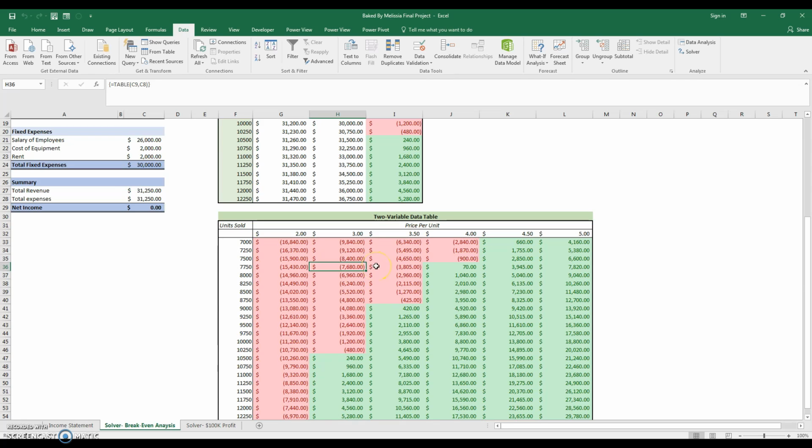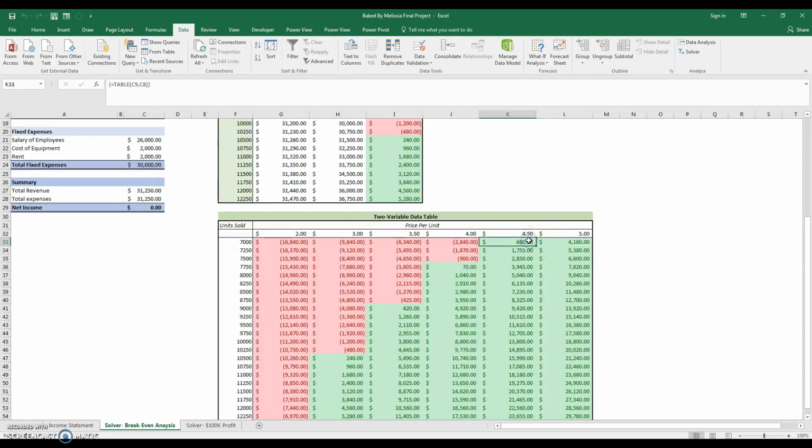And it gives you really good insight on how many units we need to sell. Let's say on a regular given day we need to sell at least 10,500 units in order to have a profit for the month. But if we were to sell our cupcakes at $5 per cupcake, we only need to make 7,000 and we already generate a profit.